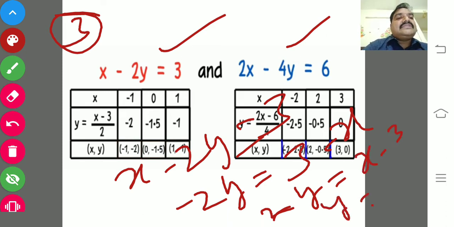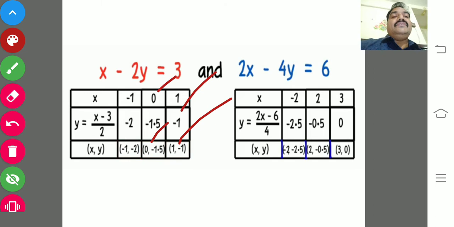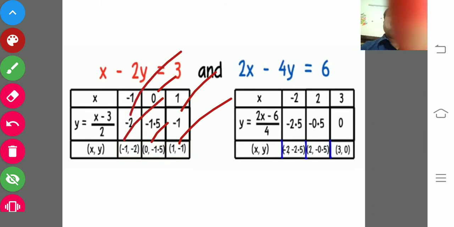So y equals (x minus 3) by 2. After making y the subject, simply substitute 0 in that, you will get minus 1.5. Substitute 1, you will get minus 1. Substitute minus 1, you will get minus 2.